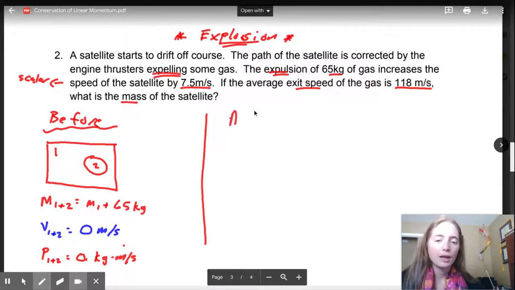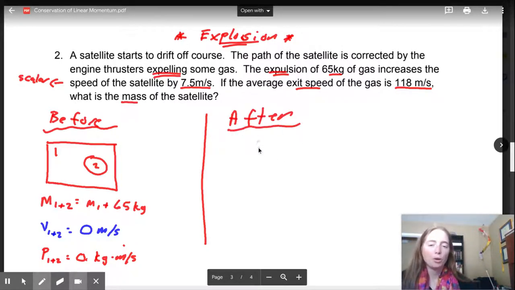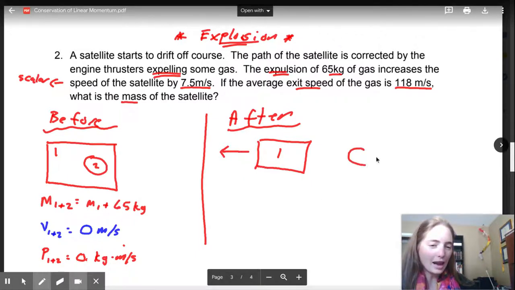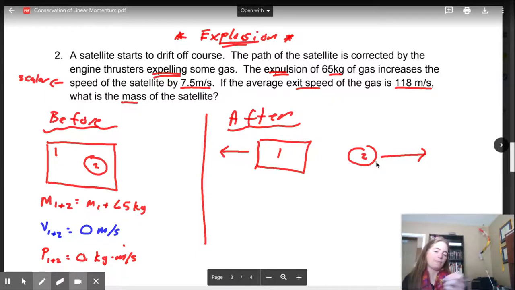Now let's look at after. After the satellite releases gas into the void of space, it's going to go that way. The gas is going to go the other way. So, ladies and gentlemen, this is exactly how rocketry works.